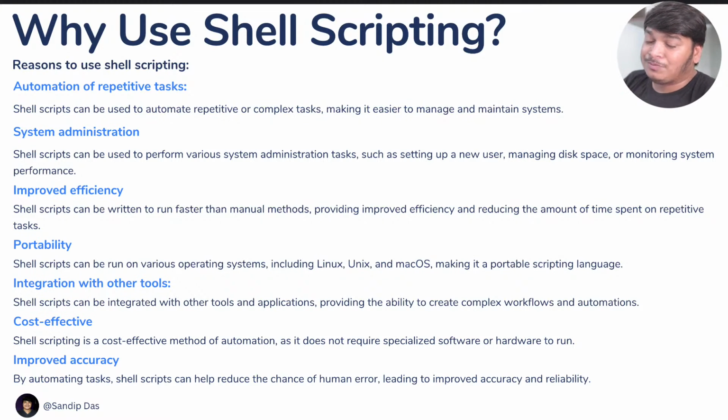Okay. Improve efficiency. A shell script can be written to run faster than manual methods, providing improved efficiency and reducing the amount of time spent on repetitive tasks. So you don't have to do manual repetitive tasks, it's saving you time. Next, portability. Shell scripting can be run on various operating systems, including Linux, Unix, and Mac OS, making it a portable scripting language.